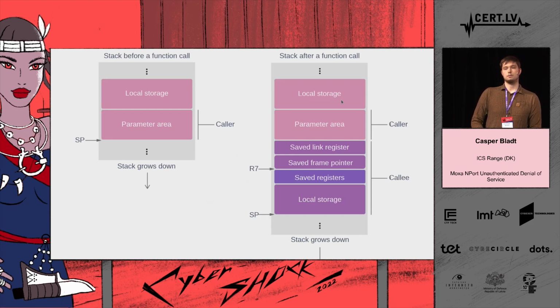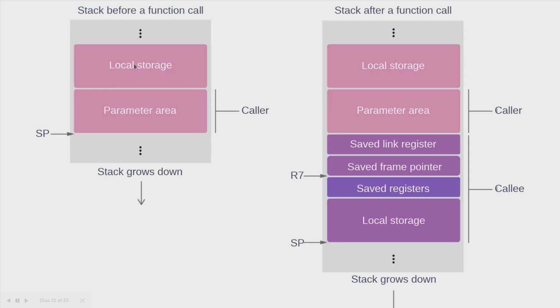This is what the stack memory looks like in the CPU of such a little ARM processor that is running in a Moxa NPort device. Basically, on the left we have a block for local storage and the parameters in the current function that we are running in.